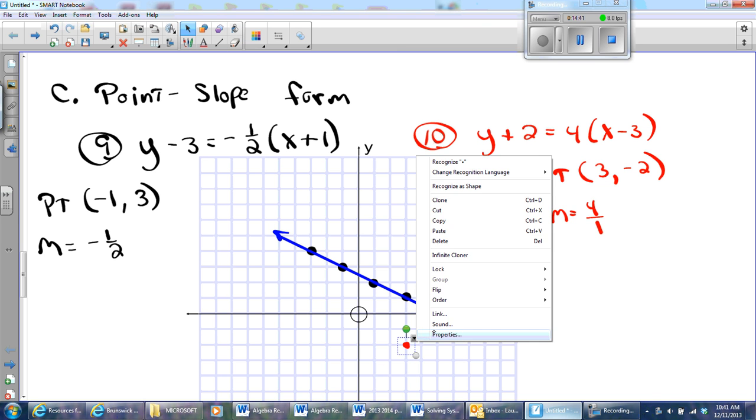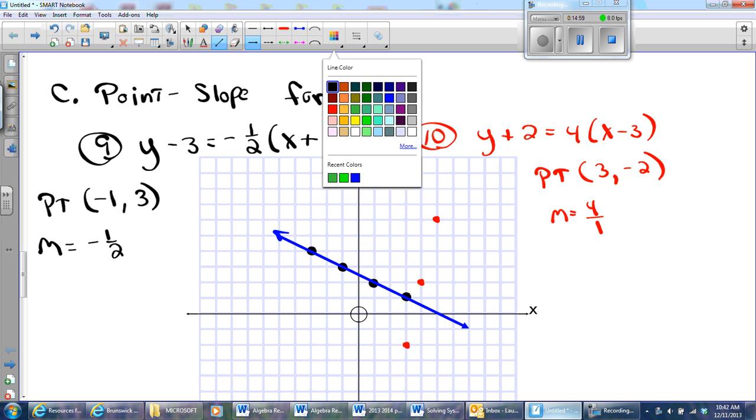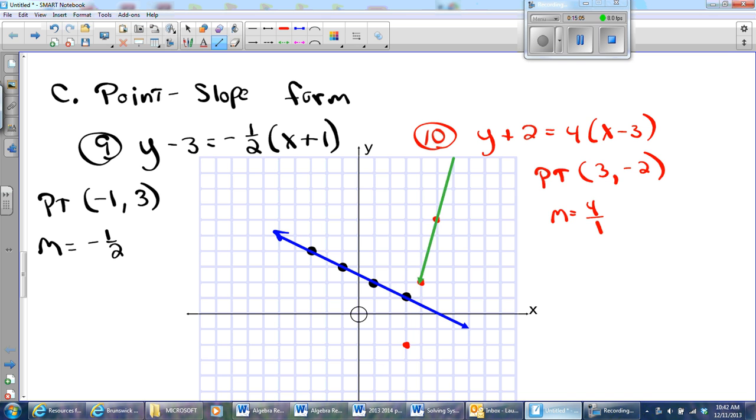And so we're going to clone him. We're going to go up 1, 2, 3, 4, and then right 1. And we can go 1, 2, 3, 4, and right 1. And there we go. So 1, 2, 3, 4, 1. Something like that. And there you go. All right.